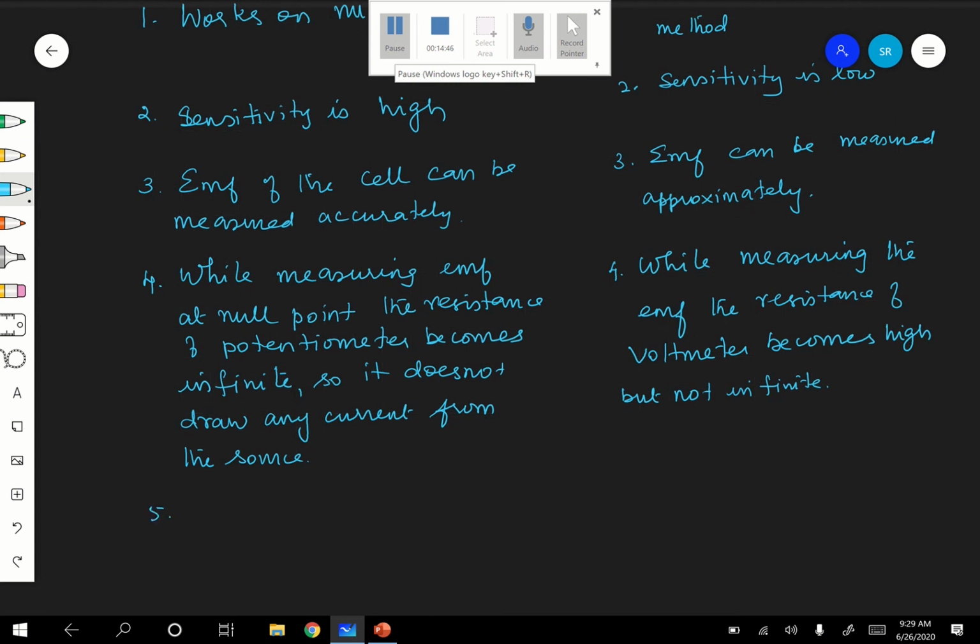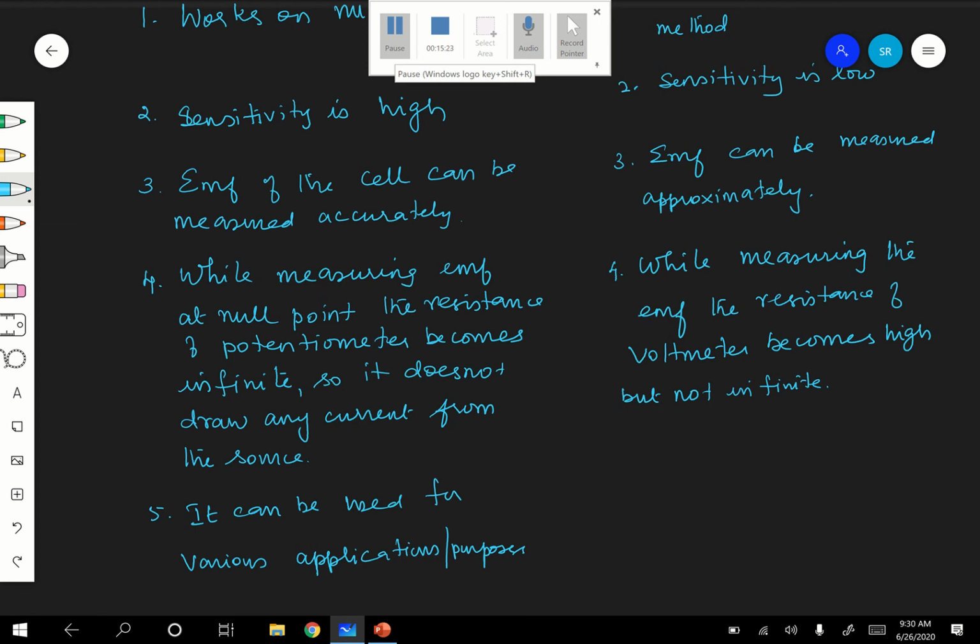Next, potentiometer can be used for various purposes. Apart from potential difference measurement, it is for comparison of EMF, internal resistance, and so many applications.